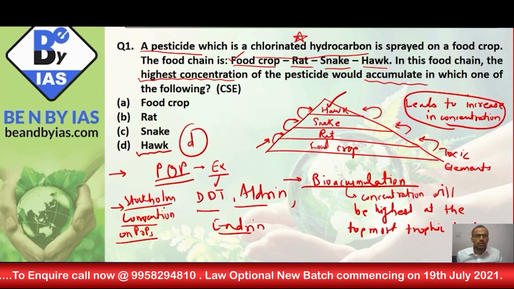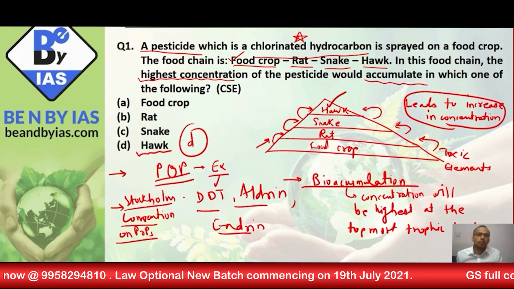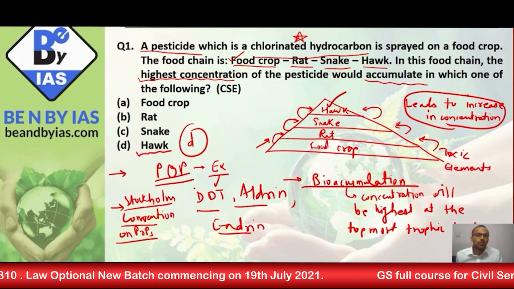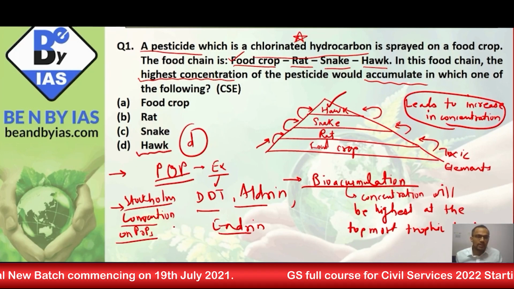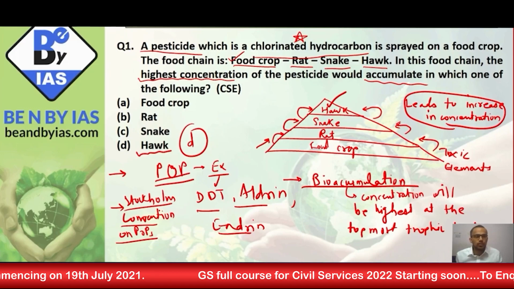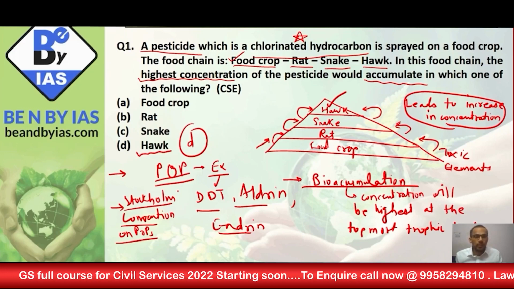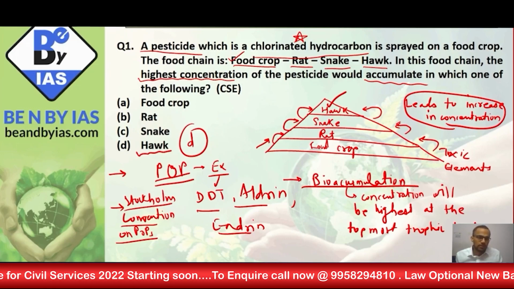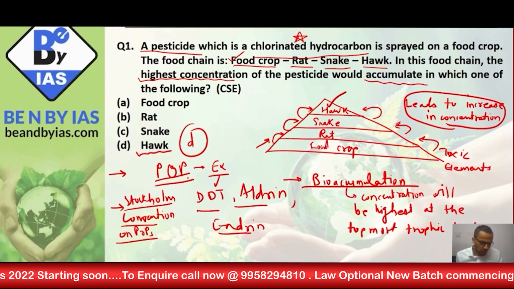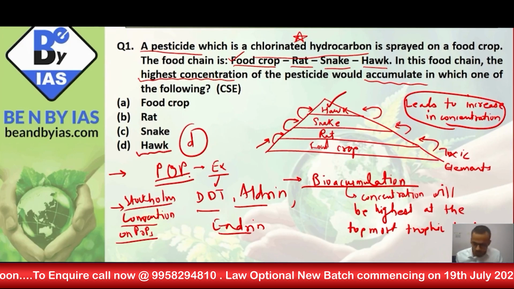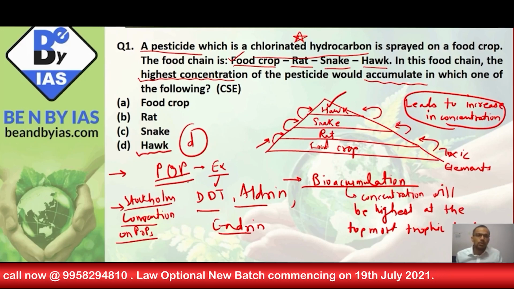This convention aims at making world POP free. So the ultimate aim of Stockholm Convention on POPs is to make sure that world become free of persistent organic pollutants. Why we need to make this world free of POPs? Because they have adverse effect on health.